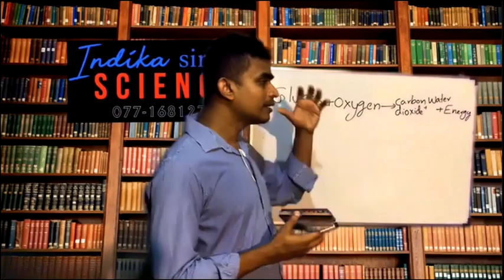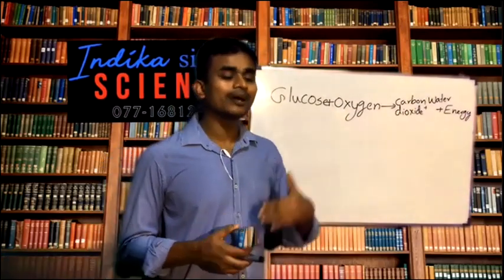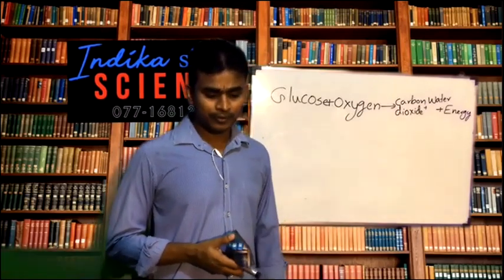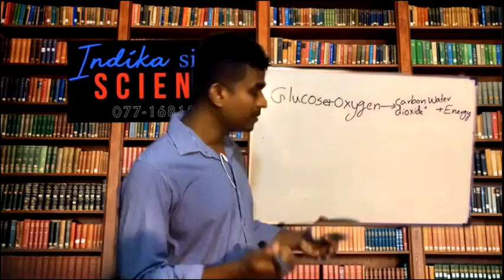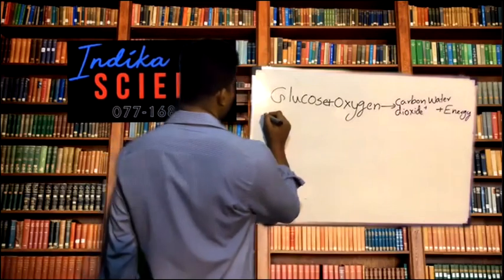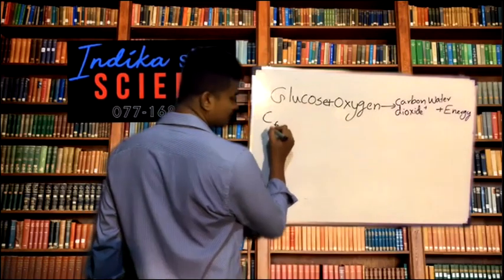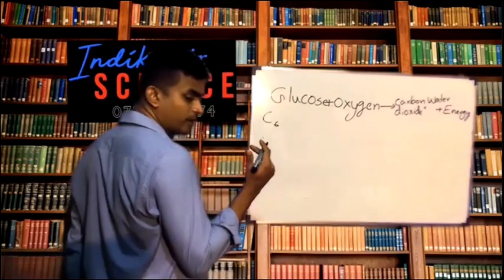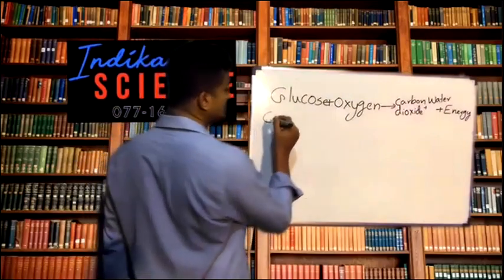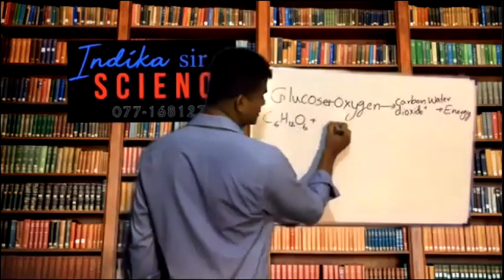If you keep in mind the process of photosynthesis, you can write the equation for cellular respiration as well. Now, help me write the chemical equation for cellular respiration. Tell me the formula for glucose: C6H12O6, plus O2.